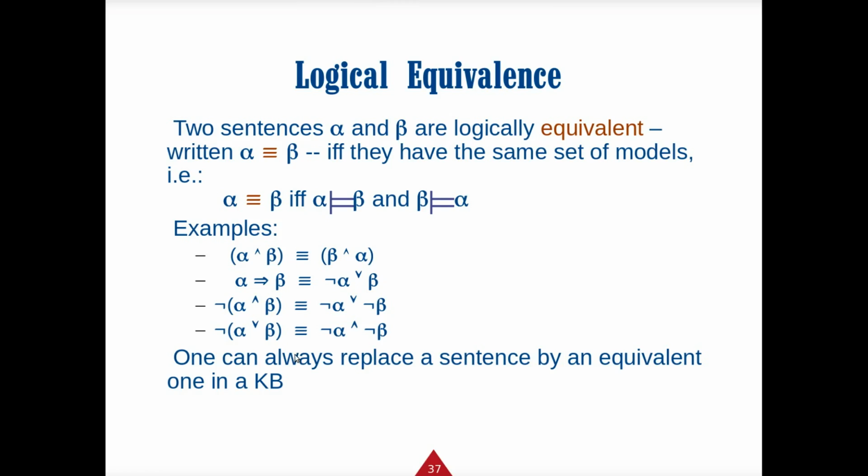So you could do this: A or B is equivalent to B or A. Alpha implies beta is equivalent to not alpha or beta, and not (alpha or beta) is equivalent to not alpha and not beta. So these are examples of logical equivalences. So basically, you can always replace a sentence with an equivalent one in a knowledge base. So if you see this, you can mess around with it until you get the equal representation.